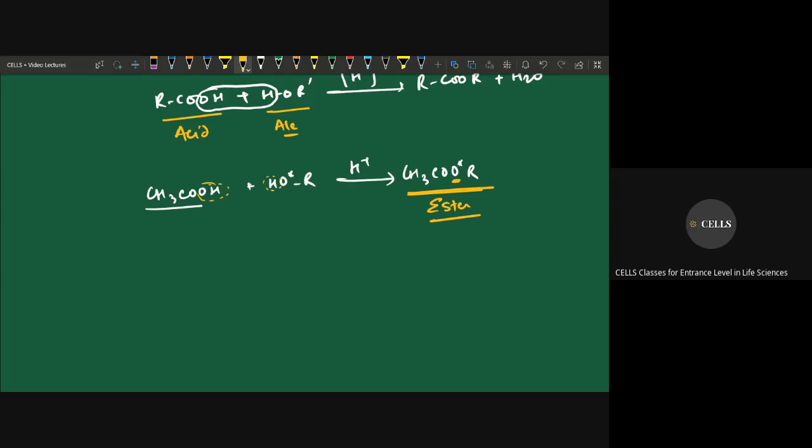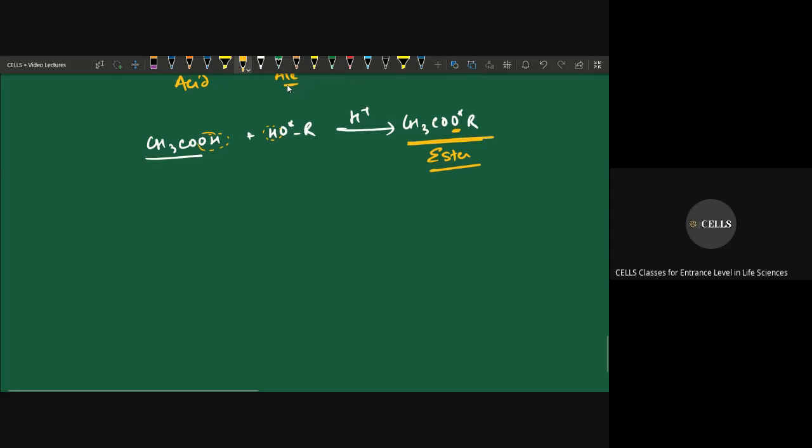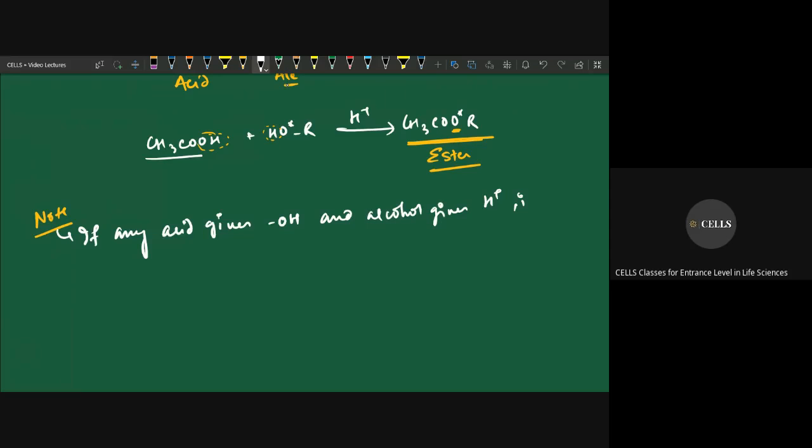Now, note: if any acid gives OH and alcohol gives H plus in the reaction, then ester is formed, right?